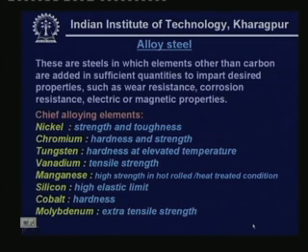Suppose you want strength and toughness, you can use nickel. If you want high strength and high elastic limit, you can use silicon. Molybdenum can give you extra tensile strength, and so on and so forth. So the utility of alloy steel is immense in the design of machine elements.